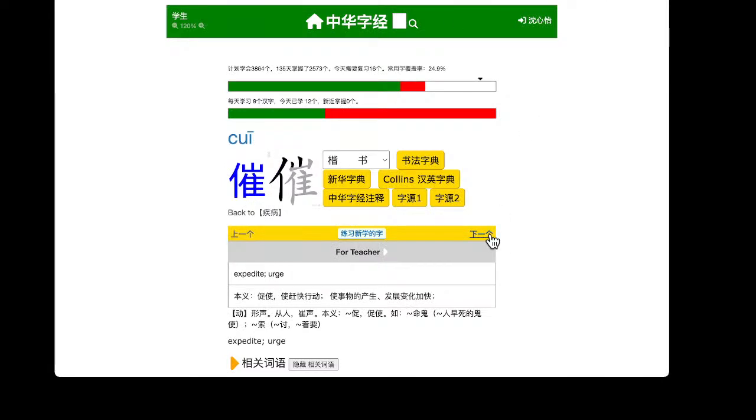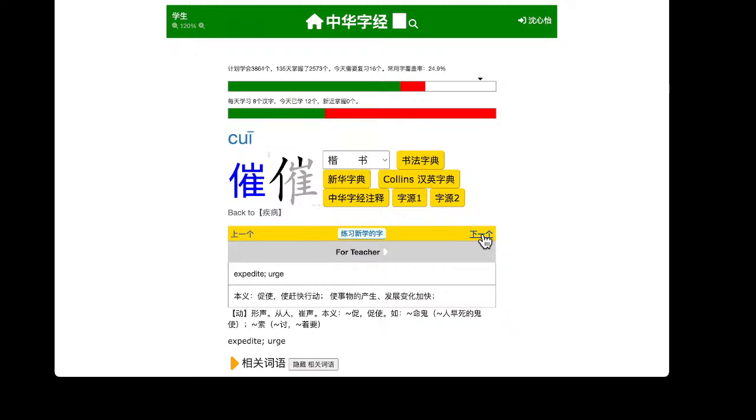Not really sure about that one. But this bit on the right with the bird and the mountain is also pronounced tsui, so that's phonetic. And it means like a big high mountain, which I suppose would have the... Only the birds can fly that high, unless you're climbing. I don't know.